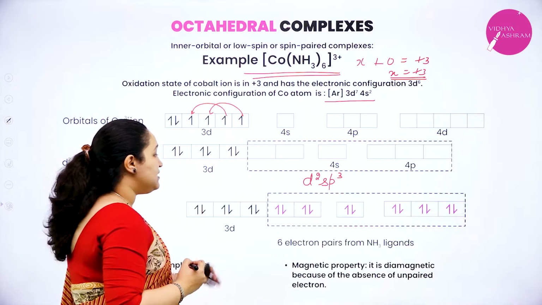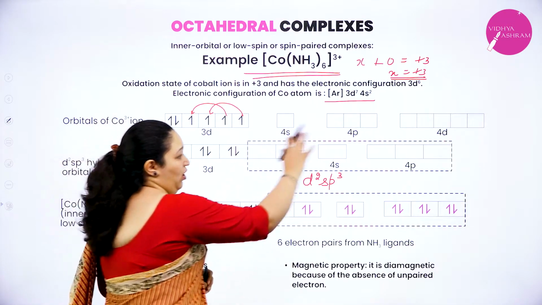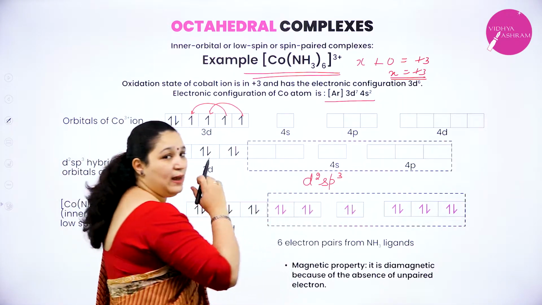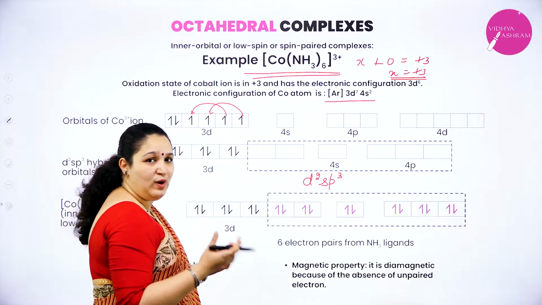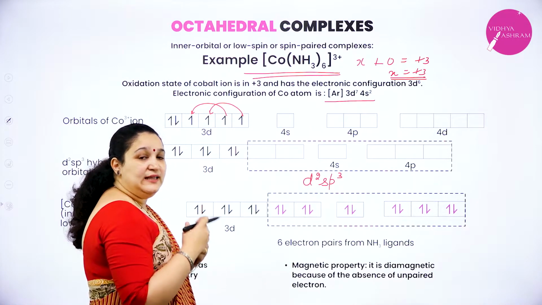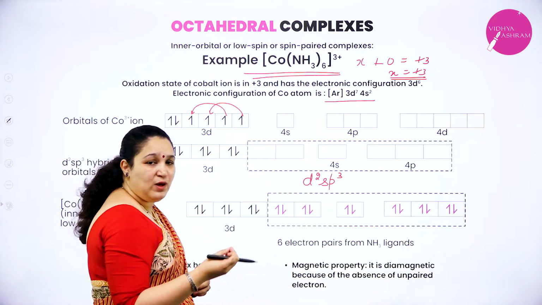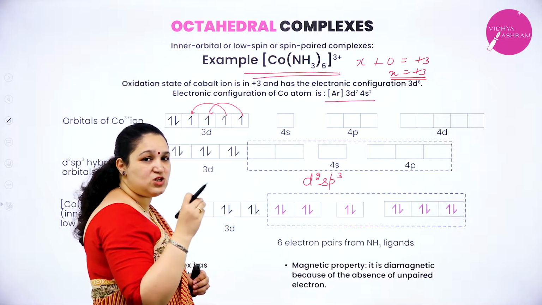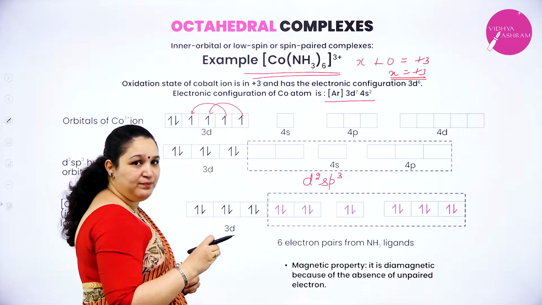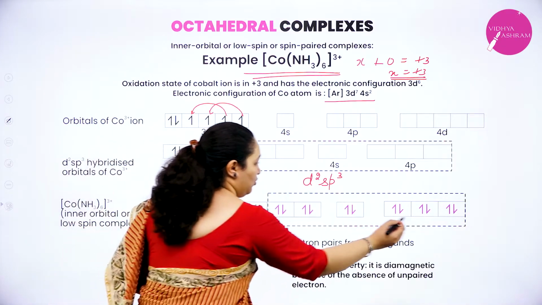Okay. Once these orbitals mix and form new hybrid orbitals, they overlap with the filled orbitals of the ligand, which I have shown here.